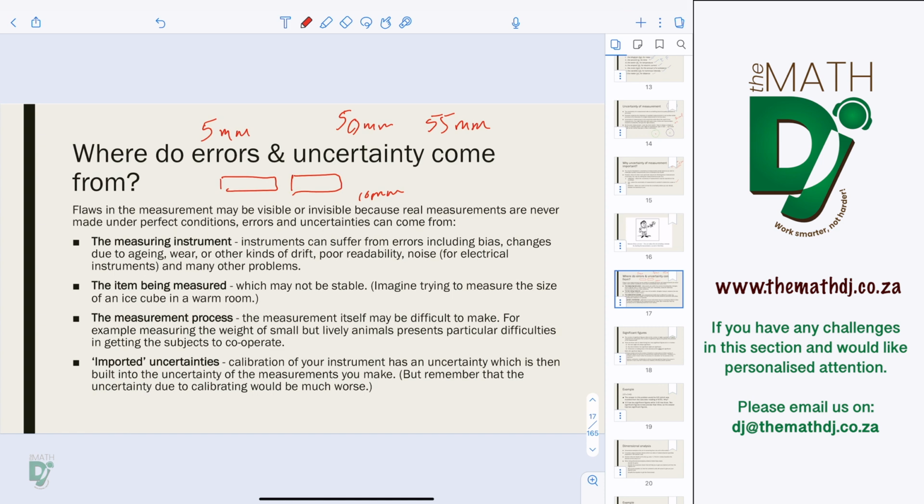If your instrument, the ruler, is making wrong measurements before you even start measuring, it means the uncertainty is brought by the calibration. It's measuring wrong readings, plus your own human errors, the process of measuring, and the items being measured may be unstable. So in addition to the error of the instrument plus your own human error, it makes it worse. So remember these 4 errors.